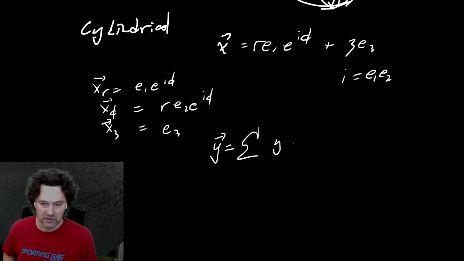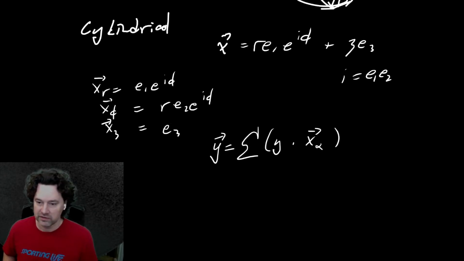That would be y dotted with x sub alpha, times x sub alpha, but we have to divide by the length squared of x sub alpha.